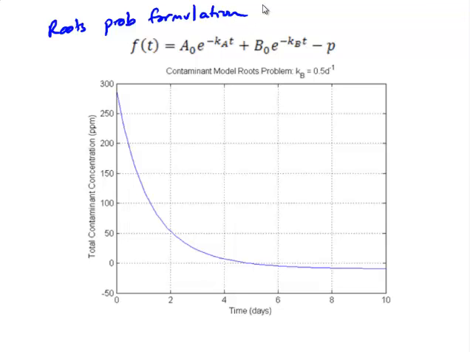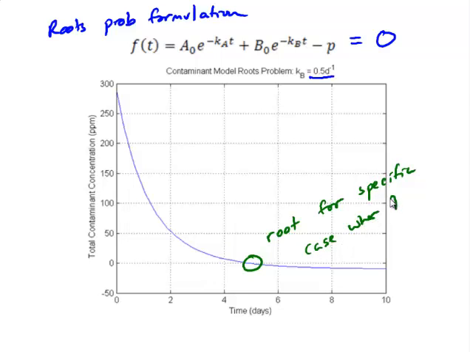And our value of the time that it takes to reach the standard, for in this case KB equals 0.5, would be the root of this function, or where this function equals 0. And we can see that on the graph right here between 4 and 6. So there's our root for the specific case where KB is equal to 0.5.